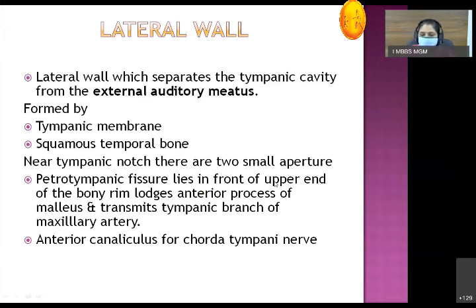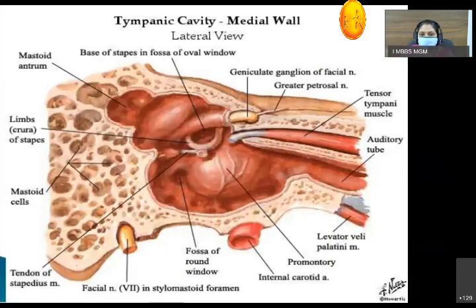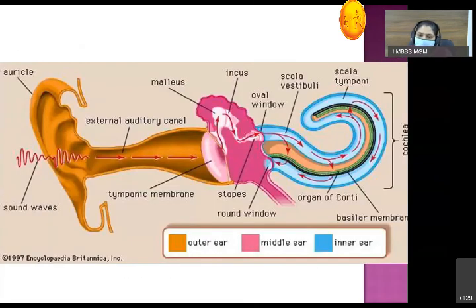In this figure we have removed the lateral wall and directly we can see the medial wall of the cavity. The lateral wall, in this figure, you can see is mainly formed by the tympanic membrane.